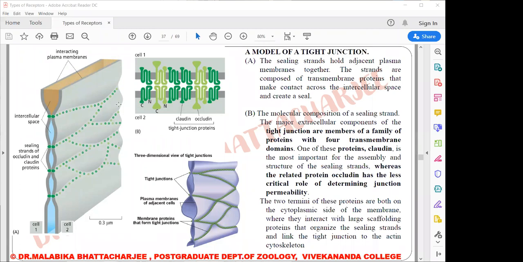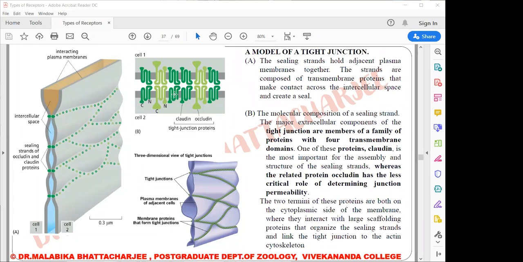Now, as I was saying initially, the major transmembrane proteins in the tight junctions are the claudins. If you look at the picture, the dark green ones are the claudins, which are the main transmembrane proteins of the tight junctions, and they differ in function from one tight junction to another.